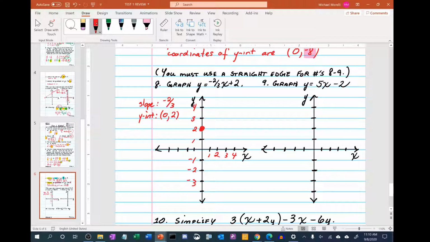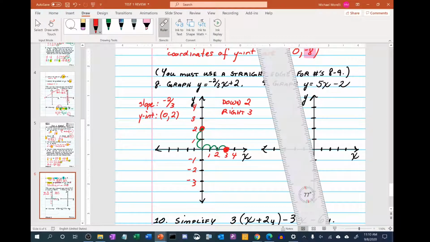Now from there, guys, the slope is telling me to go down 2, right 3, because that's the rise over the run. So go down 2 from the y-intercept. We'll go down 1, down 2, over 1, 2, 3. So my second point is right here.